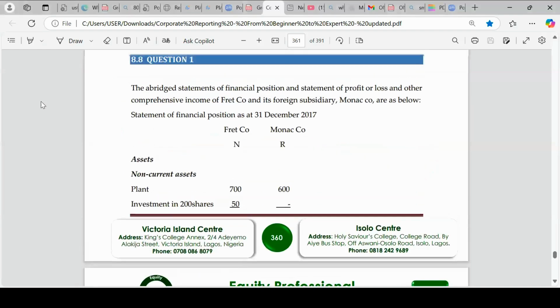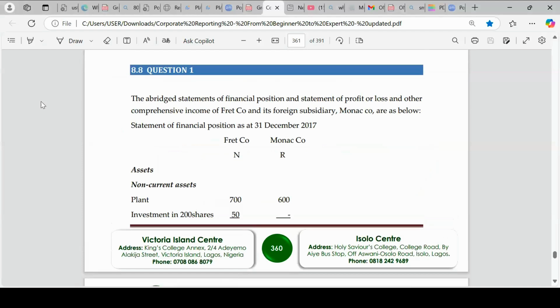Question 1. We're told the abridged statement of financial position and statement of profit or loss and other comprehensive income of Fred Co. and its foreign subsidiary, Monarch Co. are as below.